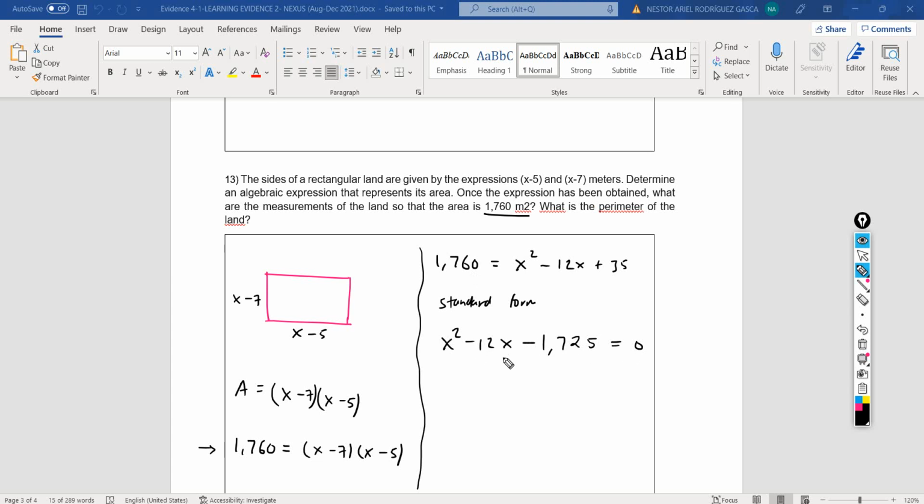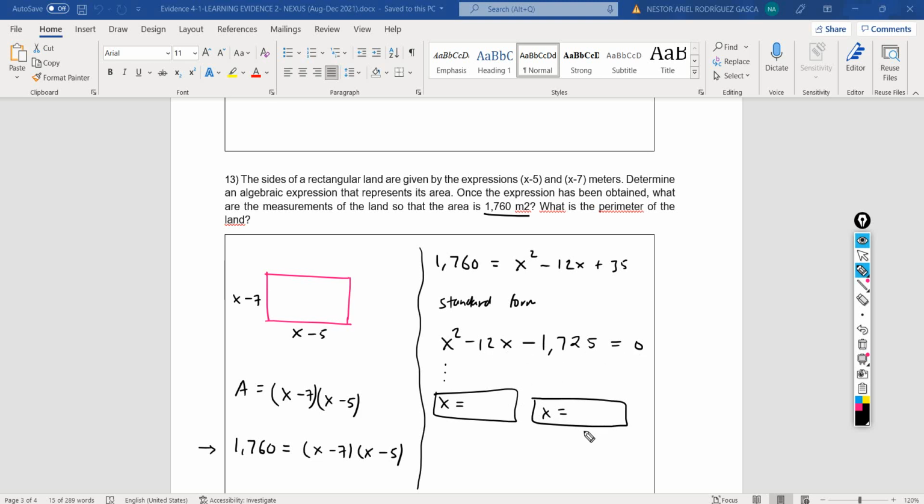Preferably through the general formula so that you don't get into too much trouble. And you can use a calculator, it's perfect. So after you do the solution, you're going to be getting the possible values of x. Okay, and by the way, if one of these is negative, you have to reject it, right? Remember, this is a quadratic equation. It has two solutions.